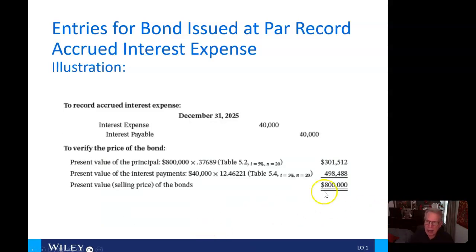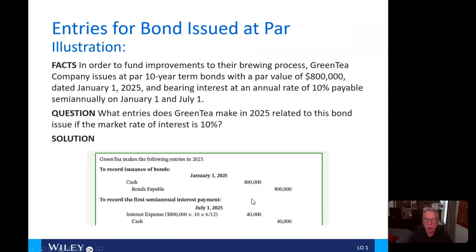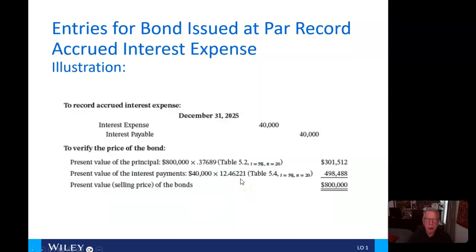Now, every now and then, we're going to issue at par and record accrued interest expense. And here, on December 31, we don't pay that interest for one more day, which would be January 1, 2026.